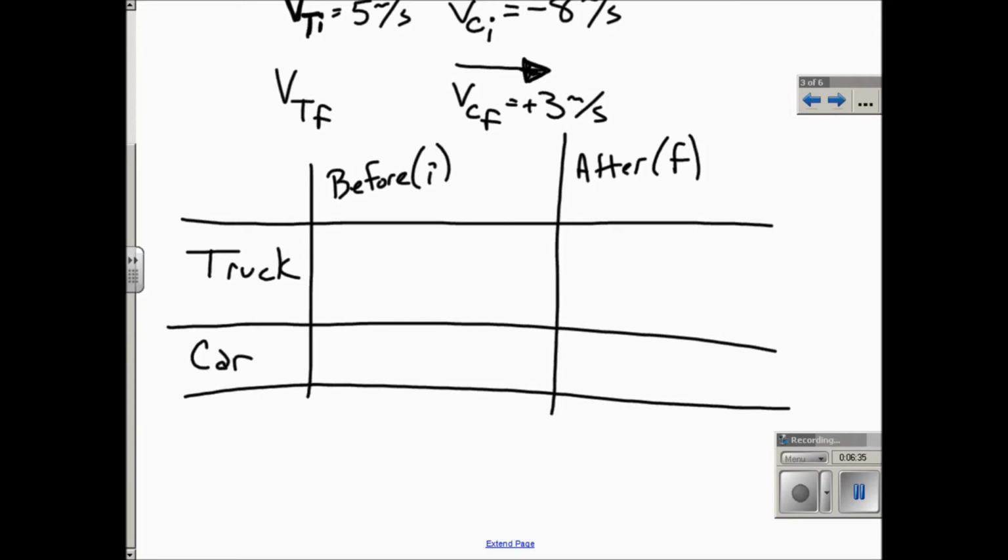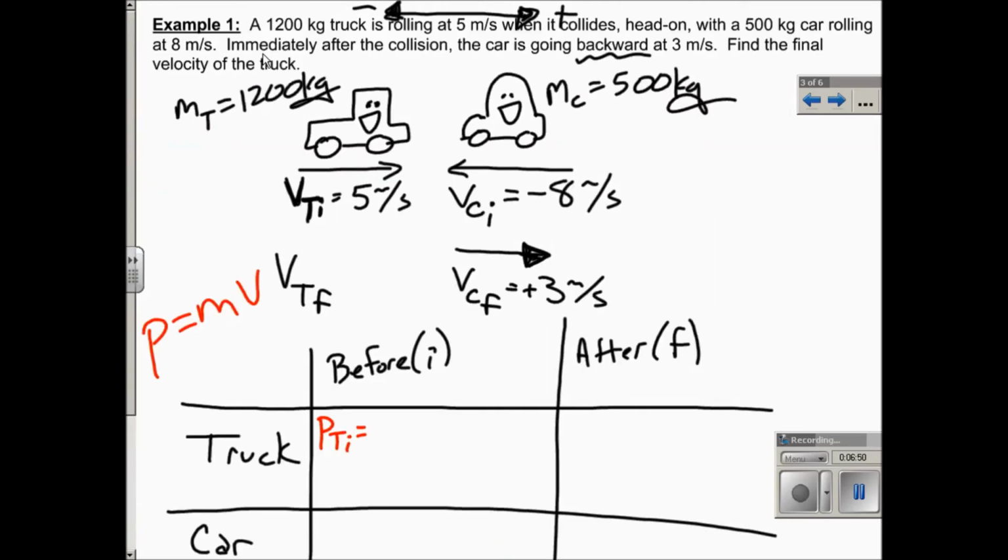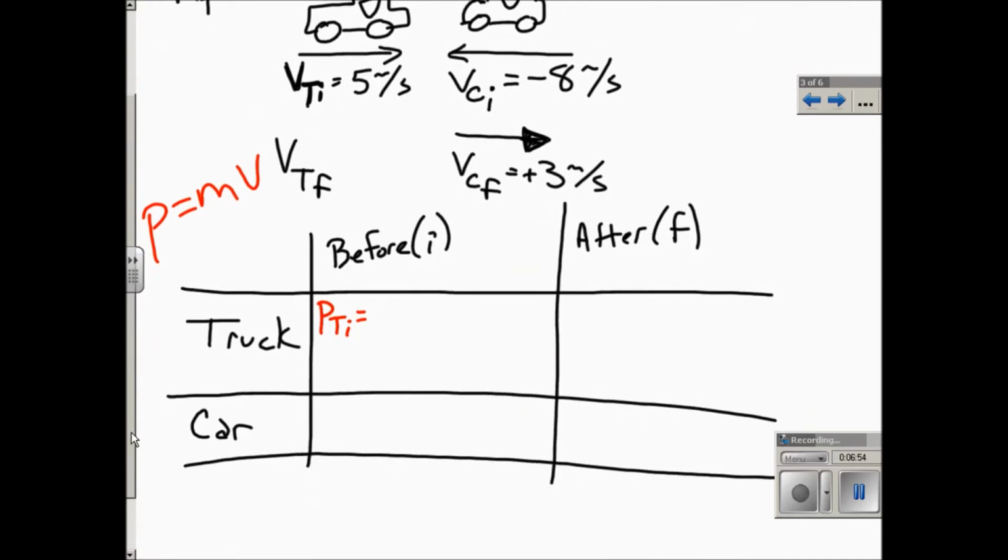While I'm at it, we'll do that at the end. Okay, so here we go. The momentum of the truck before. So the momentum of the truck initially would be, well, remember, you guys, momentum is mass times velocity, right?